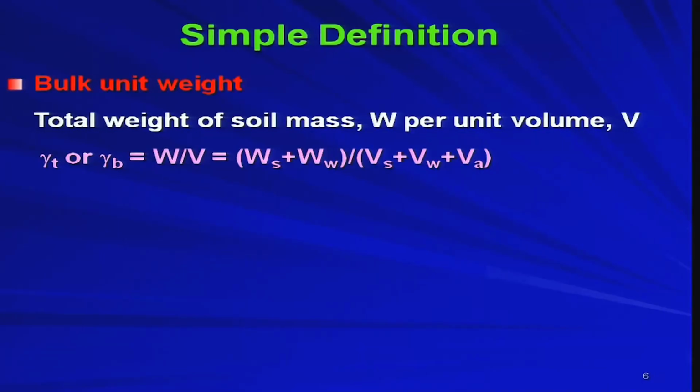In some books you will see gamma T, or in some books gamma B, so I am writing both. Gamma T or gamma B is equal to W by V, which is equal to Ws plus Ww divided by all volumes, Vs plus Vw plus Va.